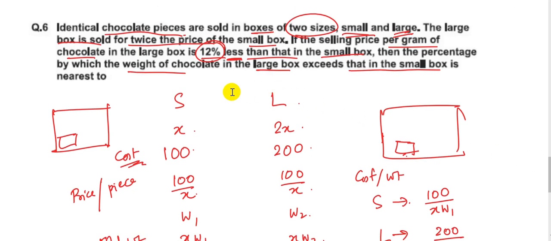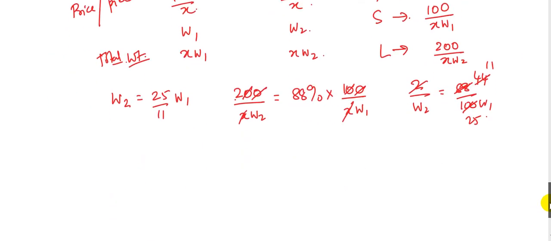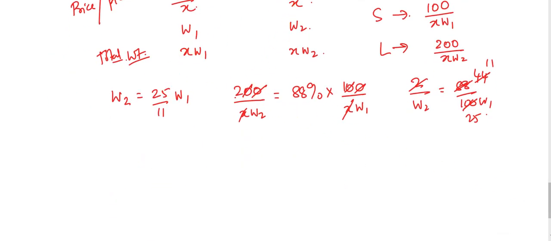So we are asked to find the percentage by which the weight of the chocolate in the large box exceeds that of the small box. So we have to find the percentage difference. So the relationship between the weights is this.